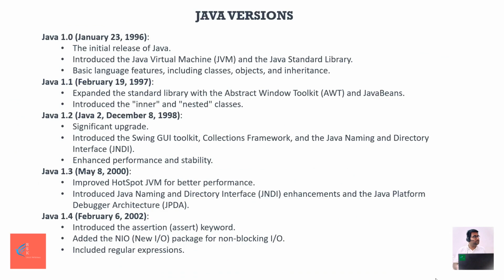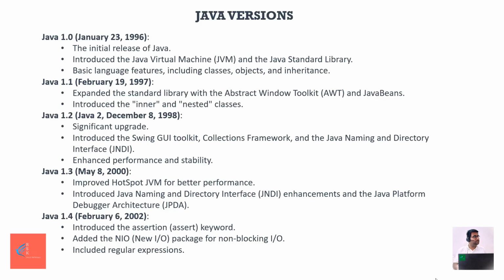Next, Java 1.2 had some significant upgrades. Swing, GUI toolkit, collection framework, and Java naming and directory interface were introduced in this version. It also had some enhanced performance and stability. Next, Java 1.3 had an improved hotspot JVM for better performance.